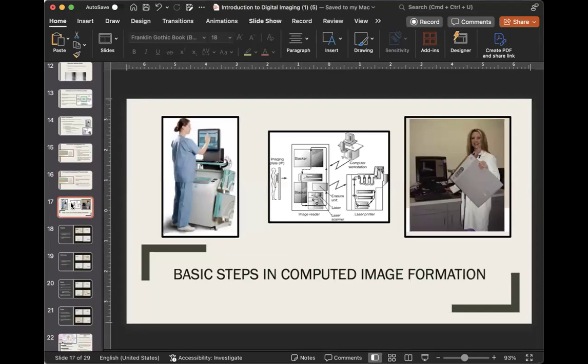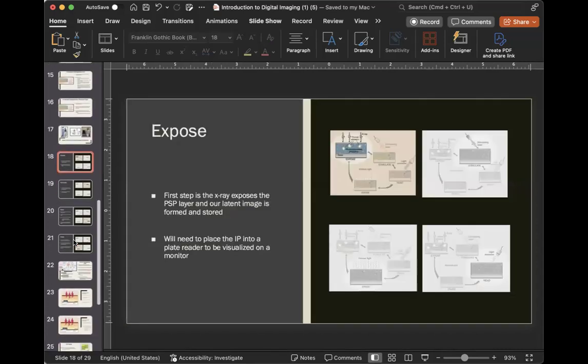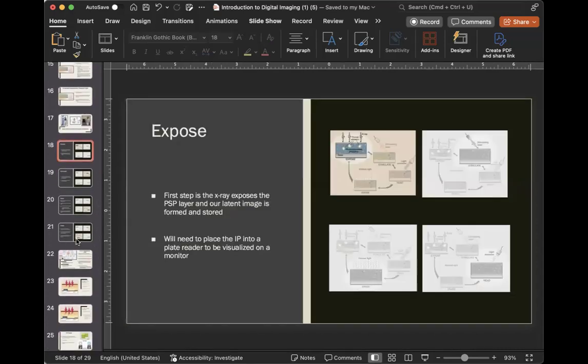There's a variety of basic steps in computed image formation, and we're going to go over them. And this should be, again, a rehash of material. The first is we expose our plate, and so the latent image is then stored on those barium fluorohalide crystals.